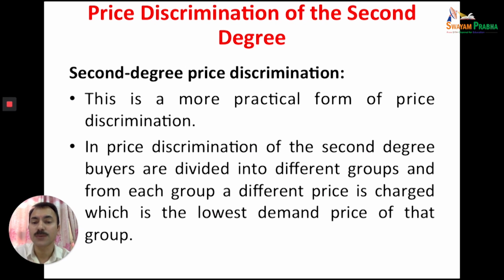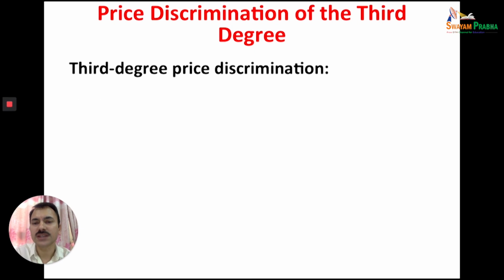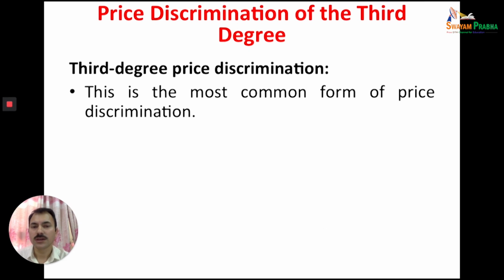In this type of price discrimination, buyers are divided into different groups and from each group a different price is charged, which is the lowest demand price of that group. Now third degree price discrimination, the more common one.